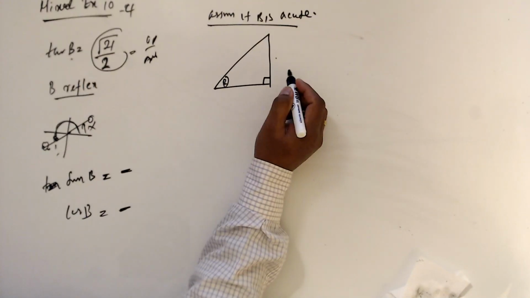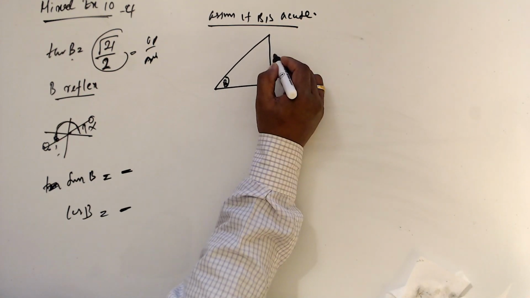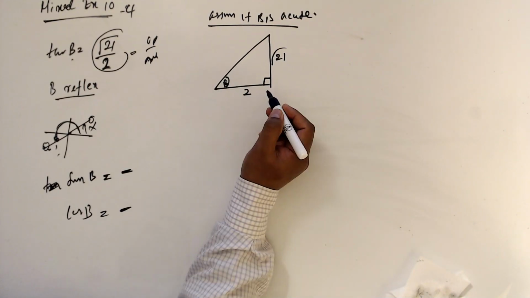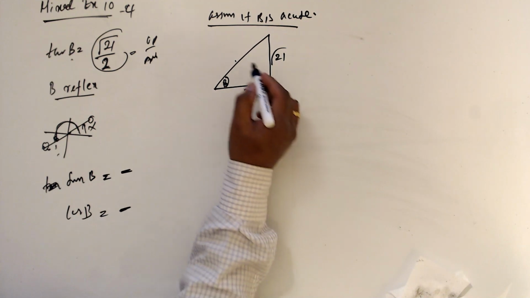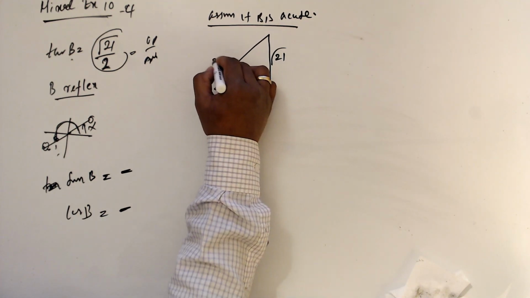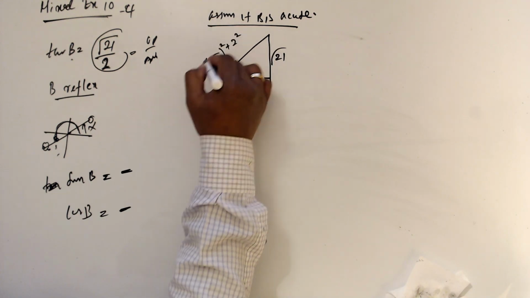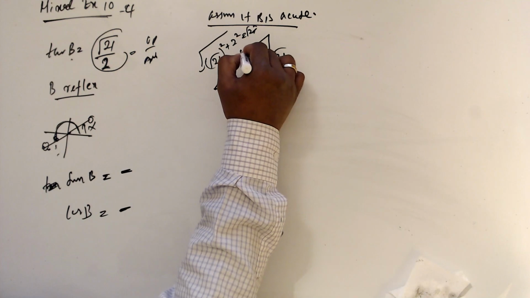When you draw this triangle, opposite is this one, square root 21, and adjacent is 2. Then the hypotenuse, from the Pythagoras theorem, is square root 25, which means 5.